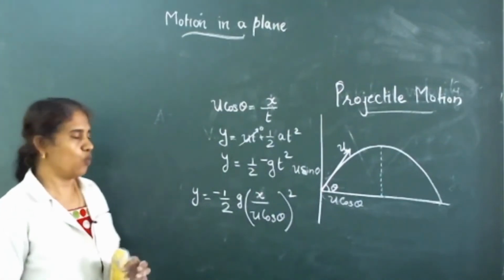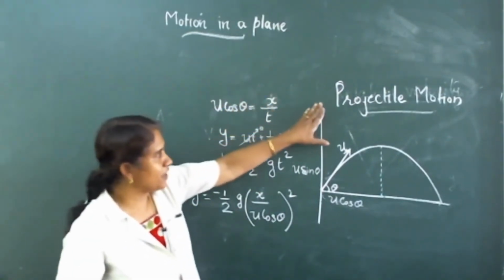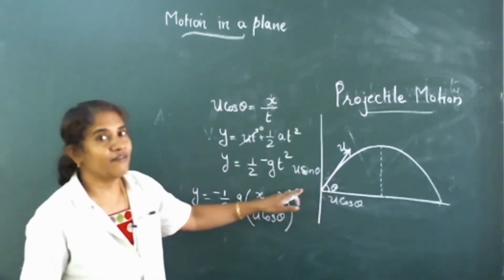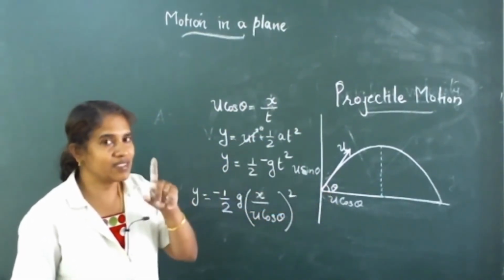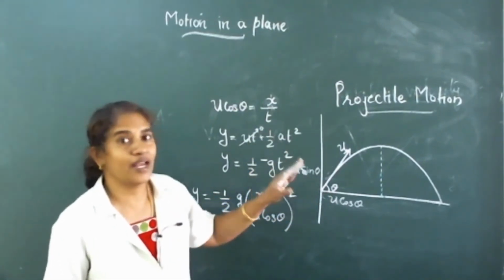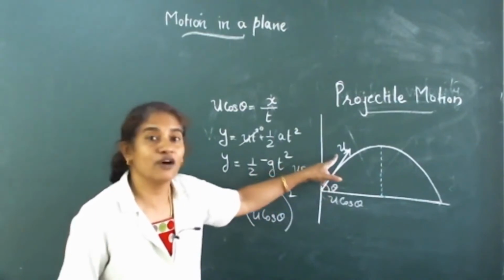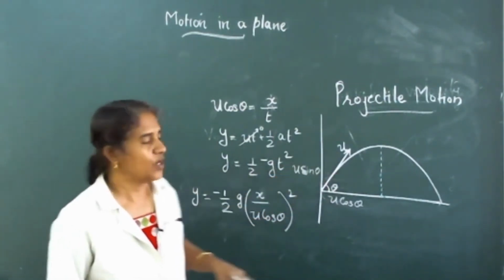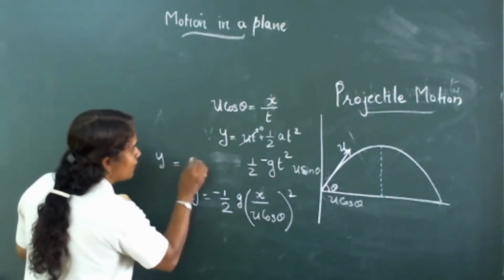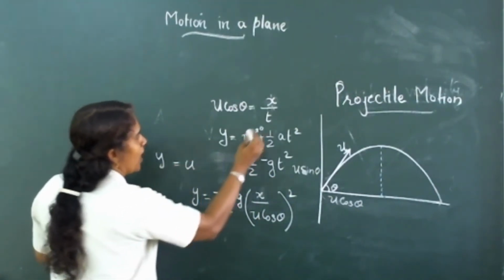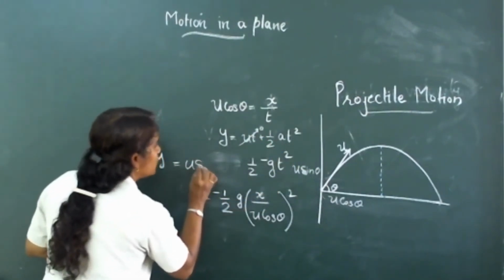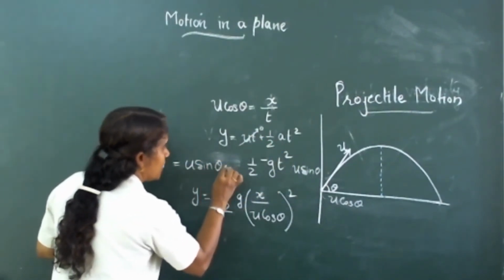Okay. Now, one more thing is there. Even though we are considering the y direction, in the beginning I said starting velocity is 0, but here we already said u sin theta and u cos theta are the components of initial velocity u. So, here we have to add that also. Instead of taking u as 0, in the ordinary case u is 0, but in this case it will be u sin theta.